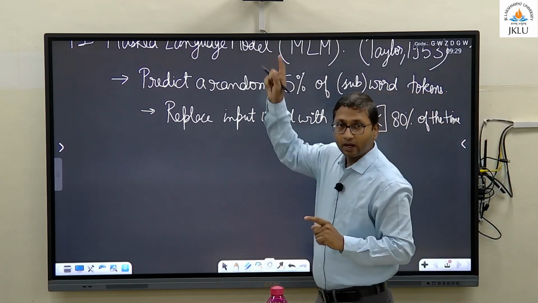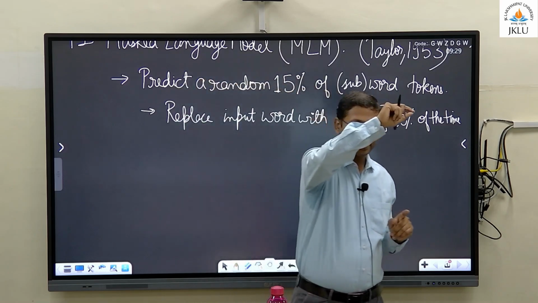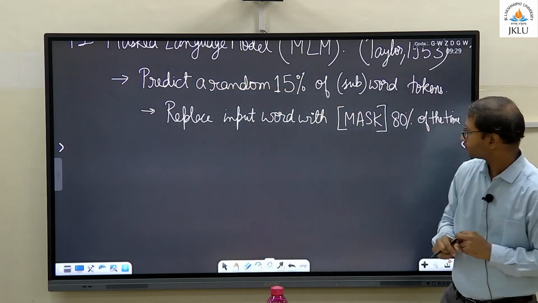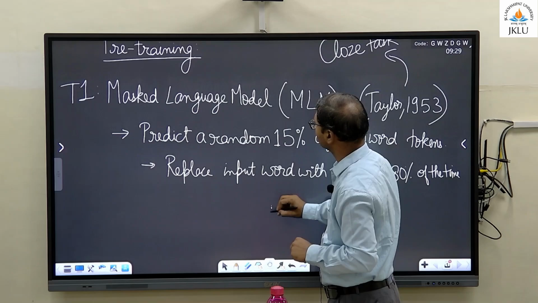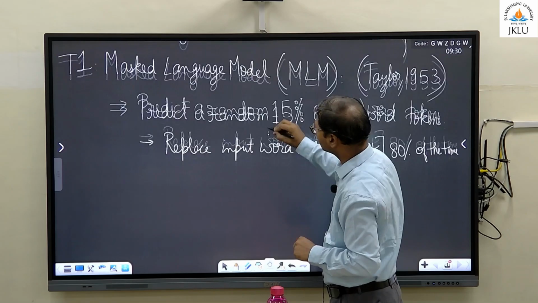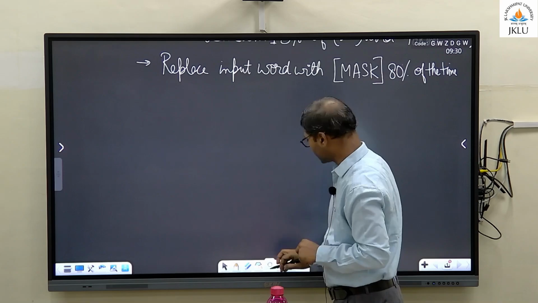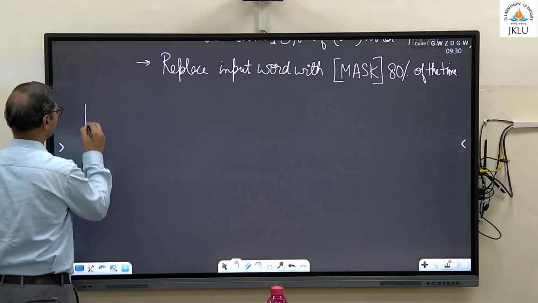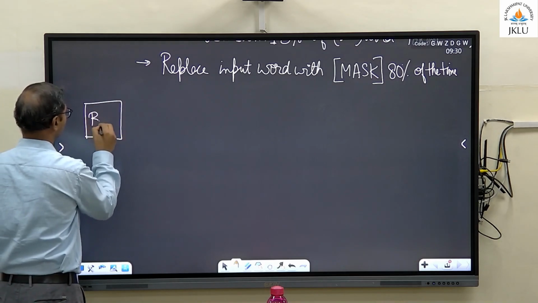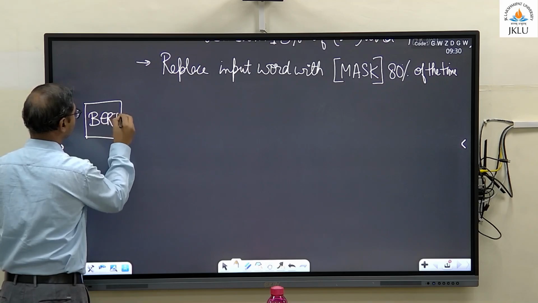So up there, the softmax will be done on... I think, can I simply start using a black box now? This is my BERT.